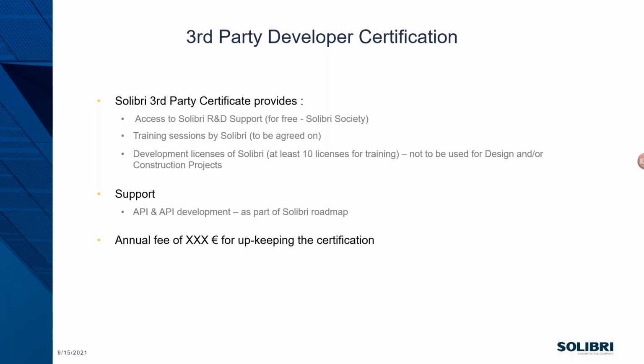The third-party developer company will also obtain at least 10 licenses for the training, but these should not be used on any private project development. The support also covers API development, so any need to develop the API further can be discussed between the third-party developer and Solibri, so that we will include it in our roadmap.